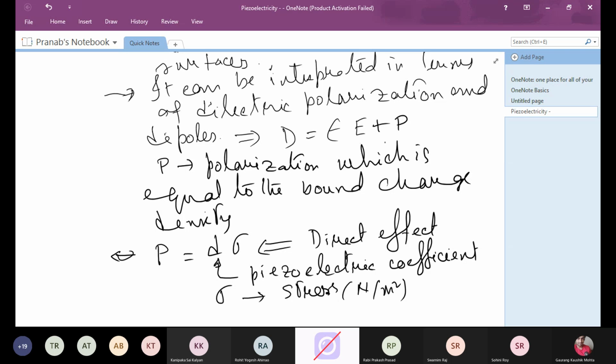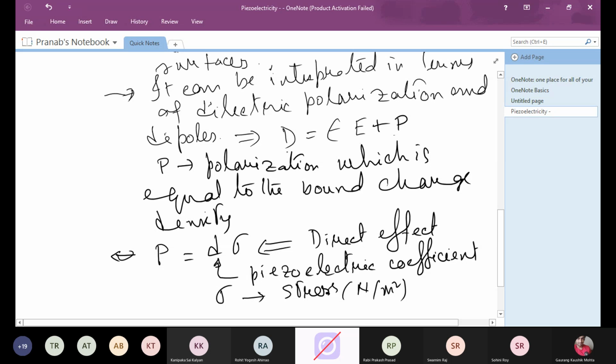So that's why piezoelectric effect deals with the polarization. This polarization can be due to the applied electric field in case of piezoelectric material, or it could be induced by mechanical field as well, that is stress. So there are two contributions to this charge displacement.